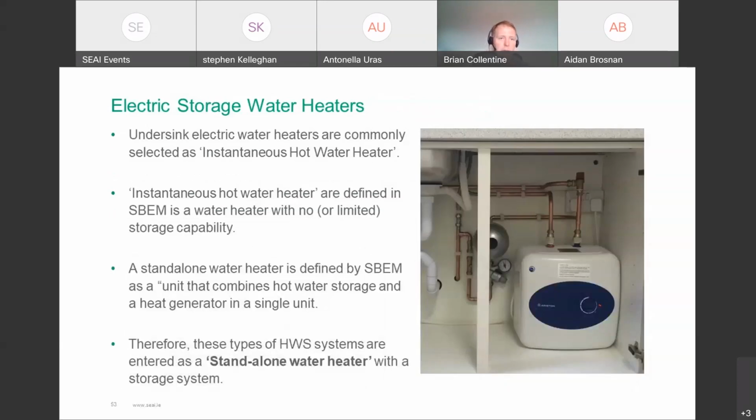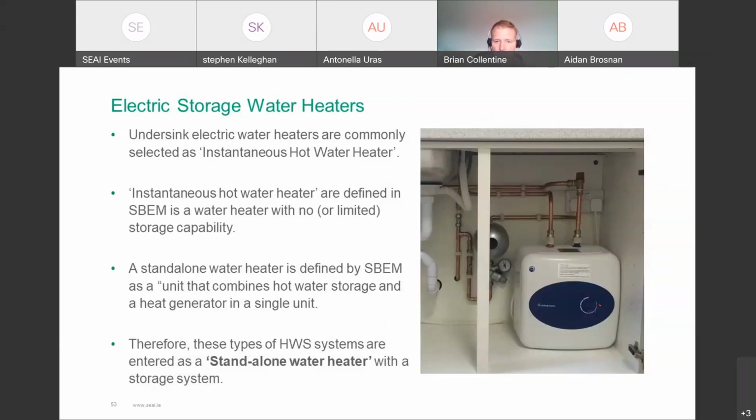Another one is the electric storage water heater. Under sink electric water heaters are commonly selected as instantaneous water heaters. Instantaneous hot water heaters are defined in SBEM as having no or limited storage capability. On the right hand side, we see a typical standalone water heater.